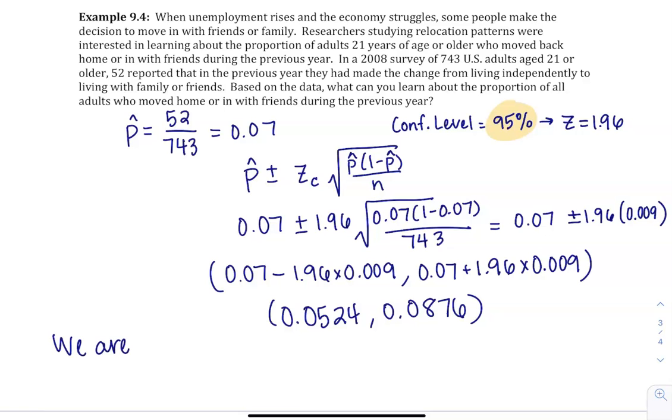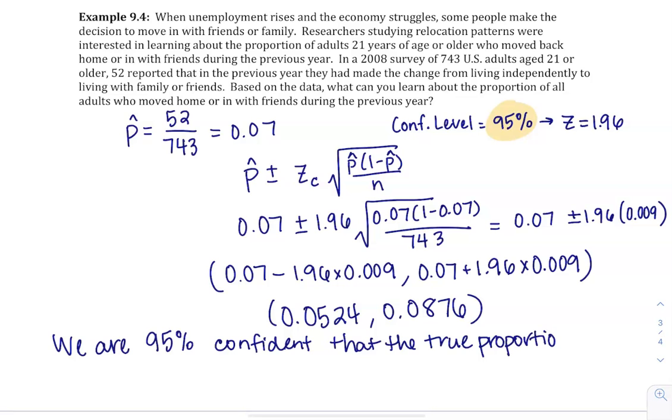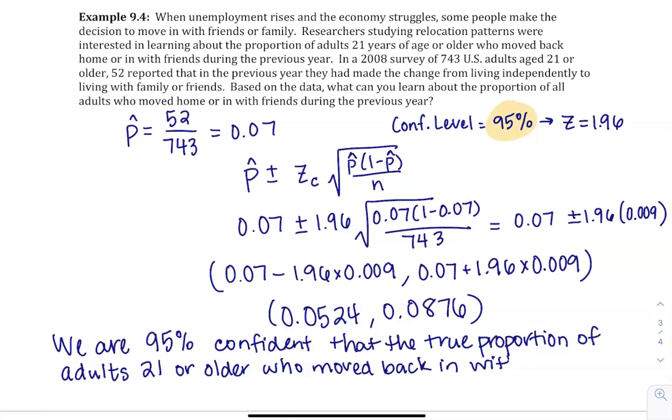That changes if you're using a different confidence level, but we are 95% confident that the true proportion of adults 21 and older who moved back home with friends or family is between these two values.